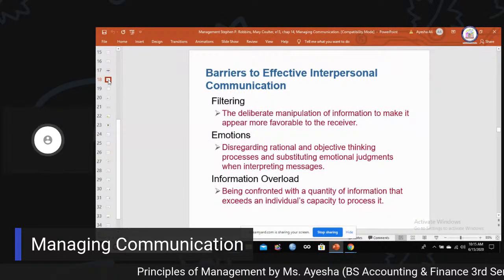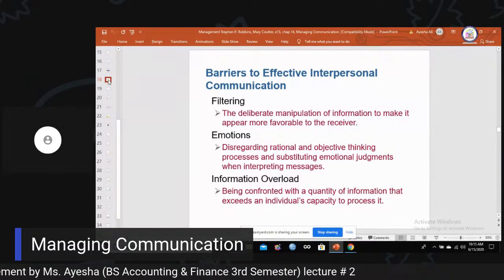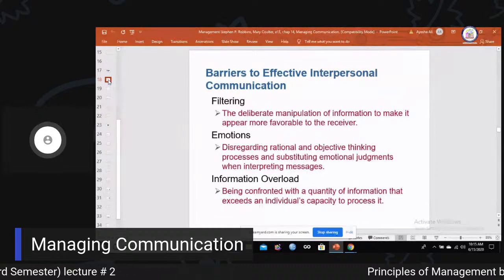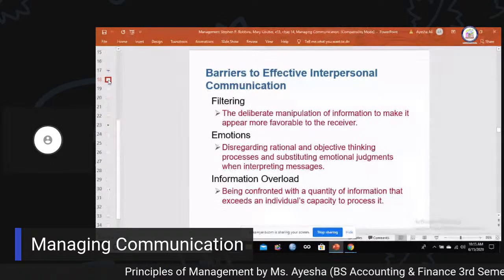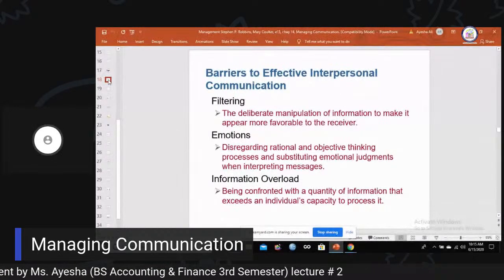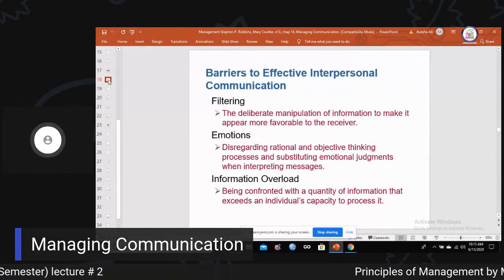Filtering is when we manipulate information to make it more favorable to the boss, the executive, the CEO, because afterward maybe we will get appreciation, or maybe the boss won't like it.